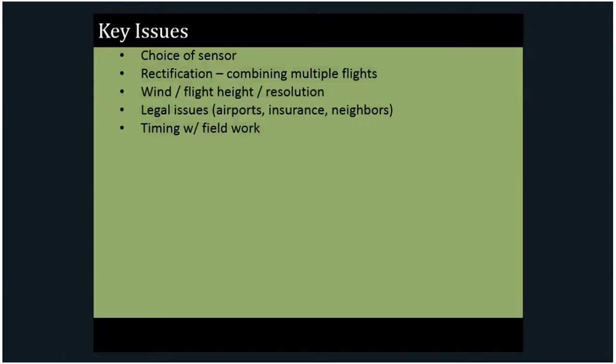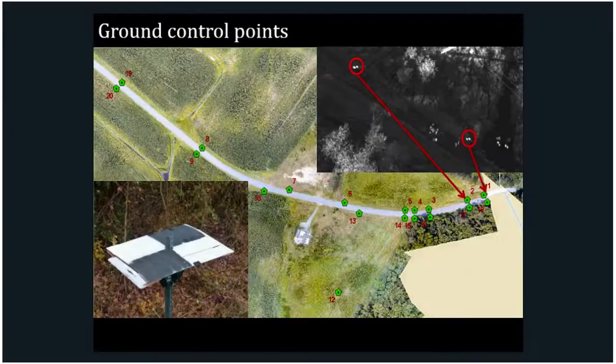We also created our own GCP point location where we got a piece of cardboard and painted a black and white square on it, and we could put that on the ground, and that was easily identifiable and locatable. You can see it over here with the drone.